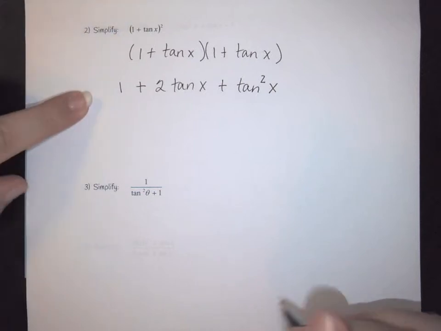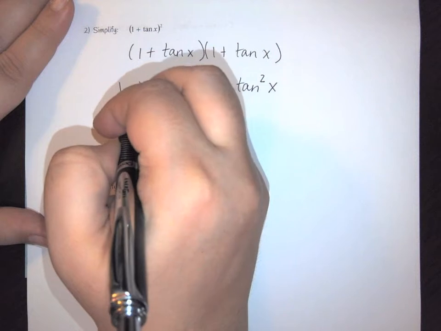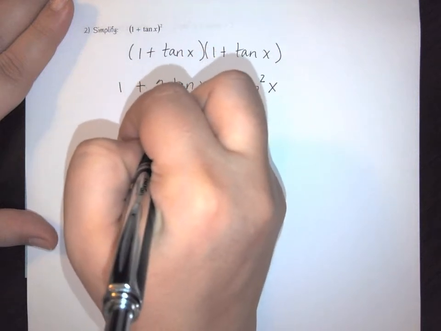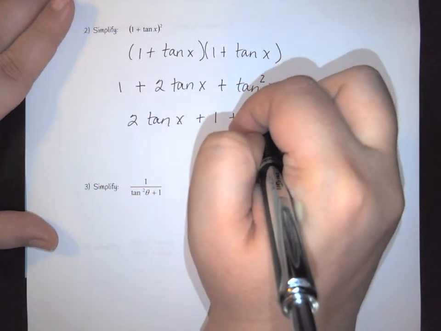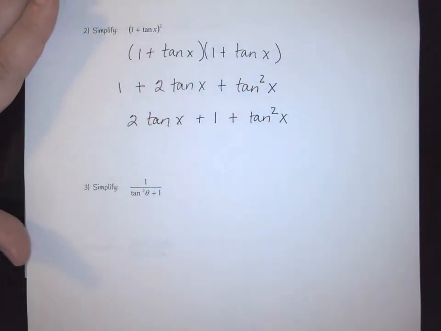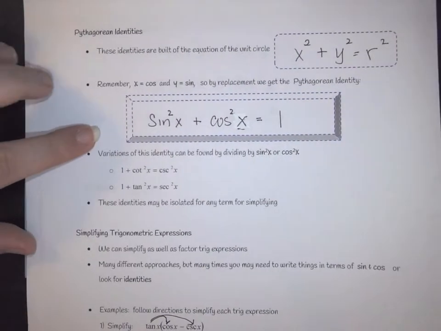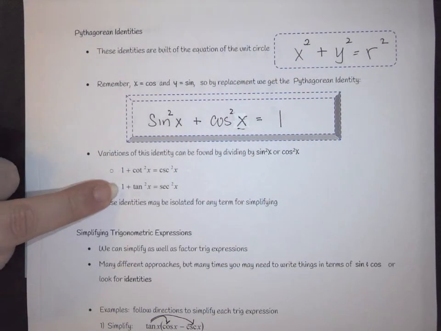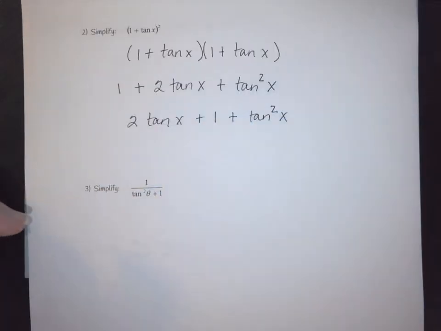Now, if you look closely, I have 1 plus tangent squared of x. So let's rewrite this a little bit here. I've got 2 tangent of x plus 1 plus tangent squared of x. Now again, from the beginning, if you remember, we had these Pythagorean identities, and one of them was 1 plus tangent squared of x, and we said that's the same as secant squared.